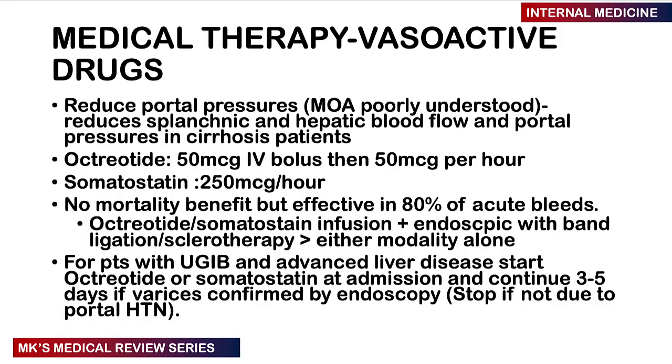But it's even much more effective if you combine them with endoscopy with a therapeutic measure. For example, octreotide with endoscopy plus banding, or octreotide with endoscopy plus sclerotherapy, or somatostatin with endoscopy plus either ligation, banding, or sclerotherapy.